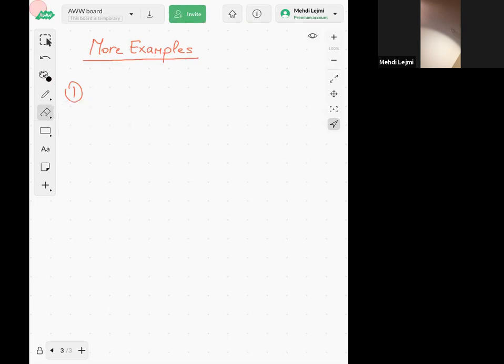So h of x equal to x to the power x. Okay. So what will be h prime of x?